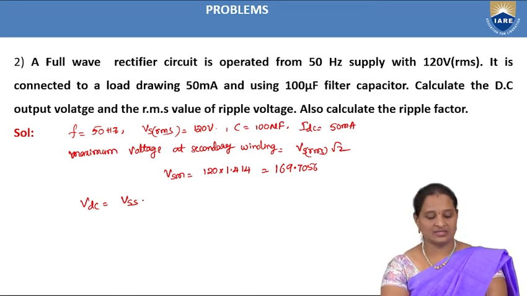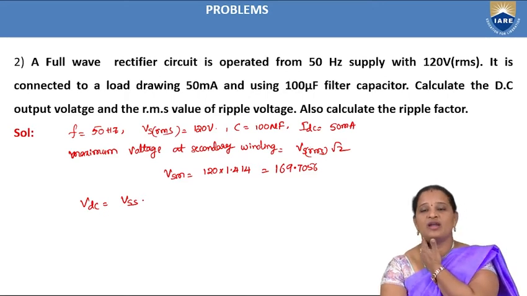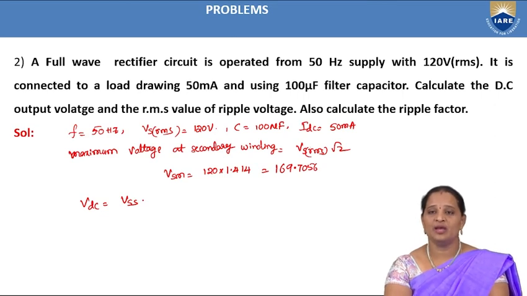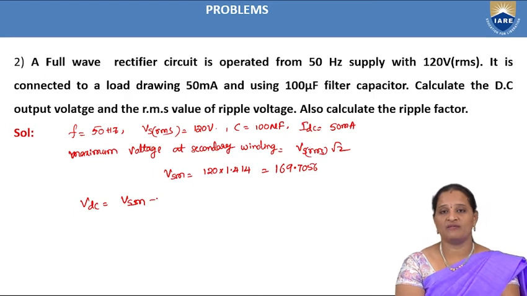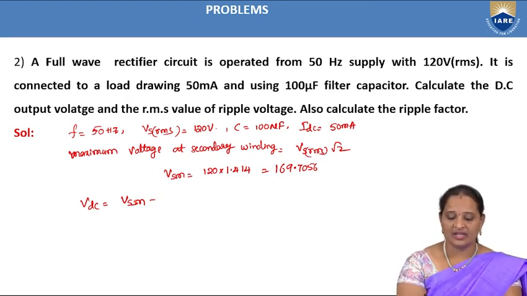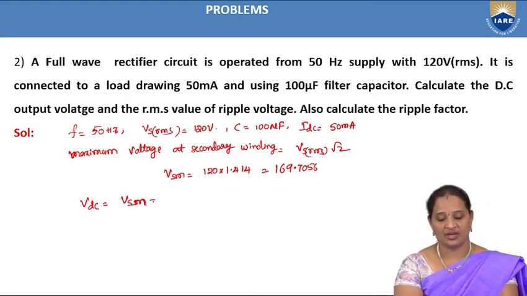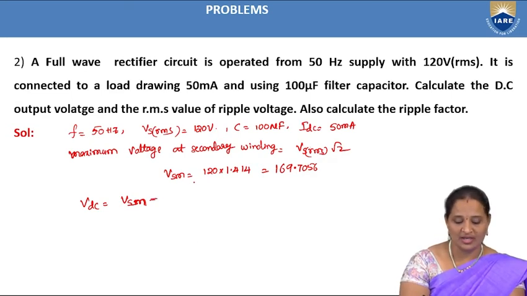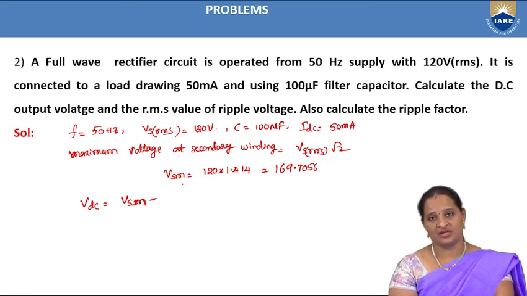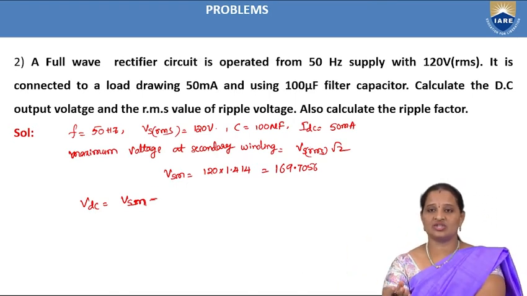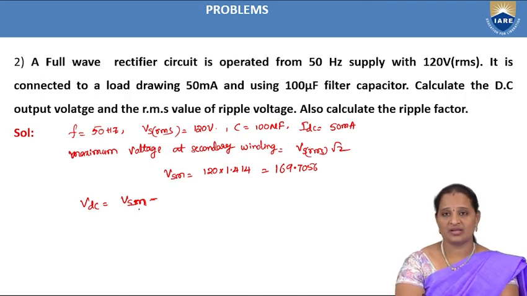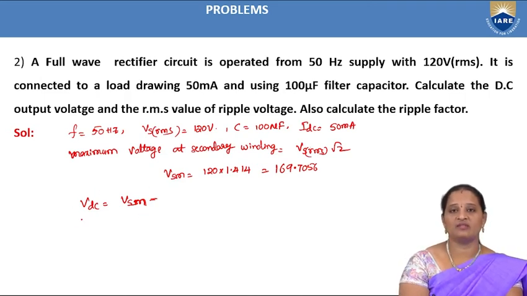If he had given a load resistance, we would have got the DC output voltage directly, but he has not mentioned any output load resistance. So we have another formula for calculating the DC voltage, that is the maximum voltage at the secondary minus the drop, as it is connected to a capacitive filter. Whatever the voltage drop across the capacitor, we need to subtract from the maximum voltage. Then we will get the DC voltage across the load resistor.